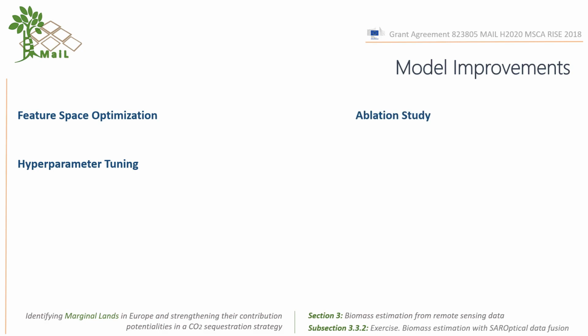Another is the ablation study, and that is removing part of the model to judge its impact on the model's performance in order to understand the contribution of each feature to the model. Also, we can look at regional modeling, and that is building and training the random forest on a given reference site, and then using that to predict other sites within the region.